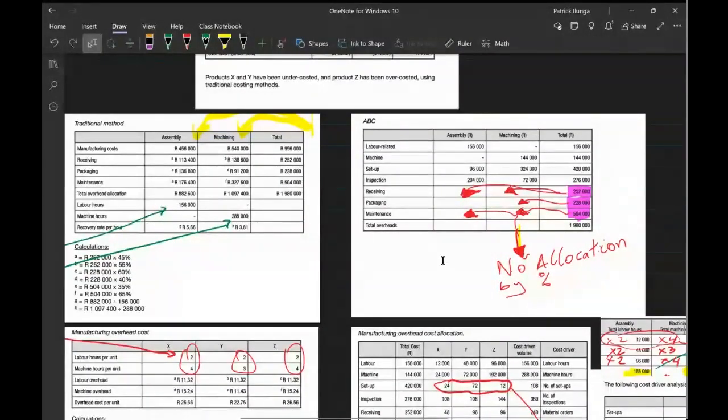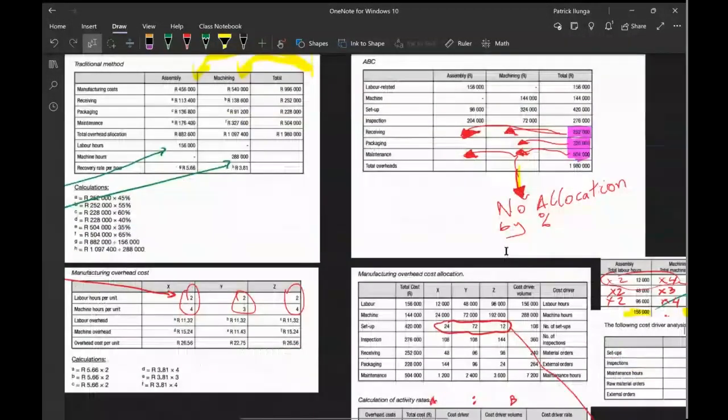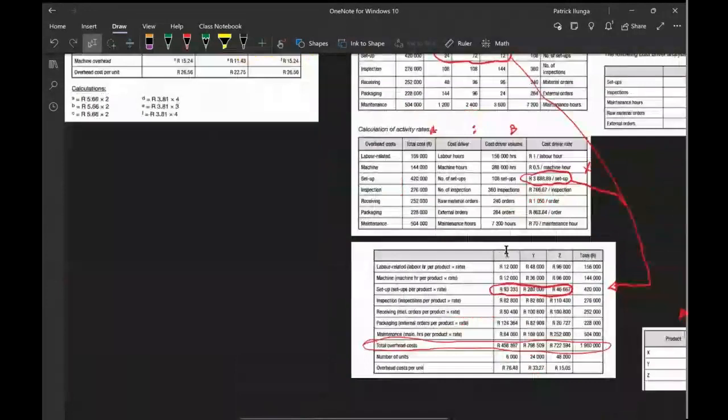As you can see here, for the receiving, the packaging, and the maintenance, there is no allocation from the other side, okay, as you can see here. But please go through this.